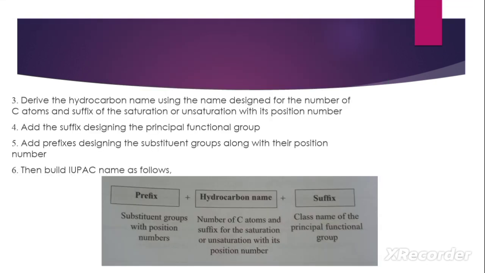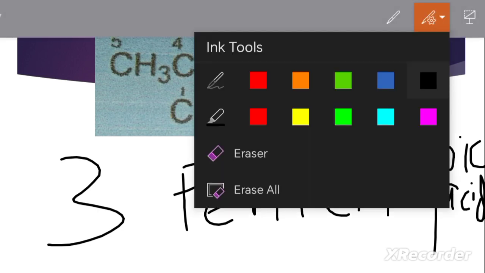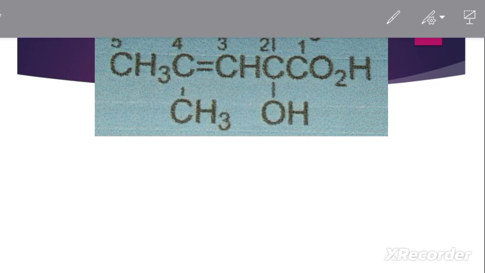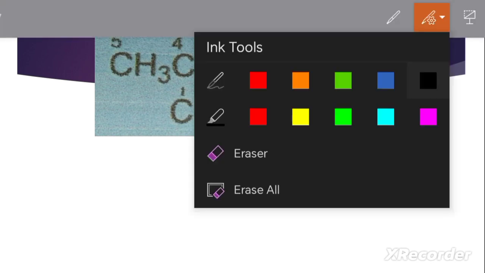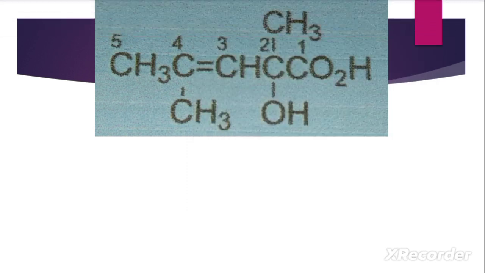The next step is to add prefixes designating the substituent groups along with their position numbers. Here, for the second carbon, a methyl group and an OH group are attached.